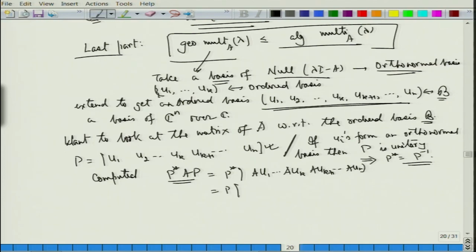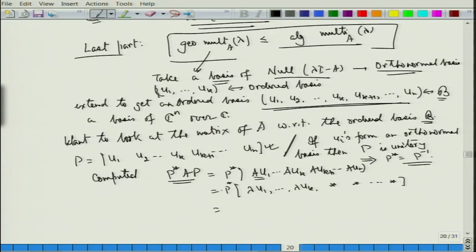This was nothing but P star of lambda U1, since A of U1 is lambda U1, till lambda UK, and I do not know what we have here. There are some things that we do not know. So when I put in P star here again, what we are saying is P star is P inverse, you just have to multiply by it, fine.